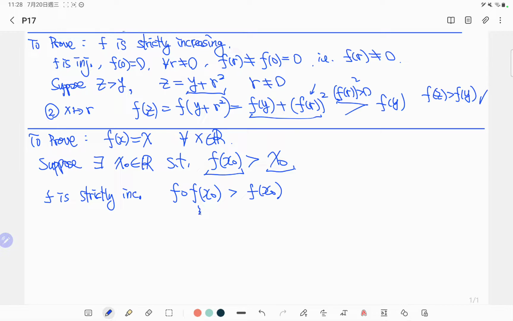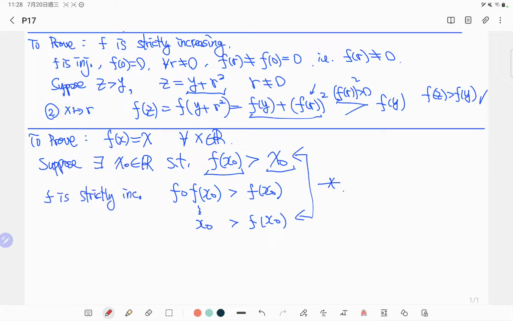And using equation 1 prime, we have x sub 0 is larger than f of x sub 0. Okay, so these two inequalities contradict each other. So there doesn't exist x sub 0 such that f of x sub 0 is larger than x sub 0.